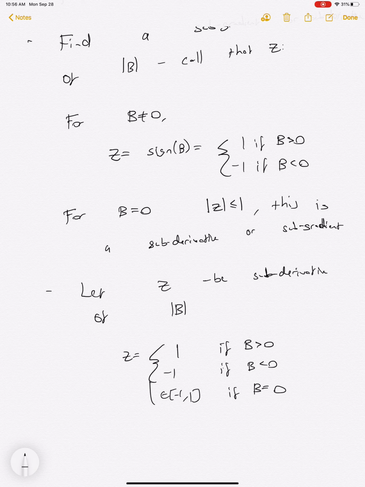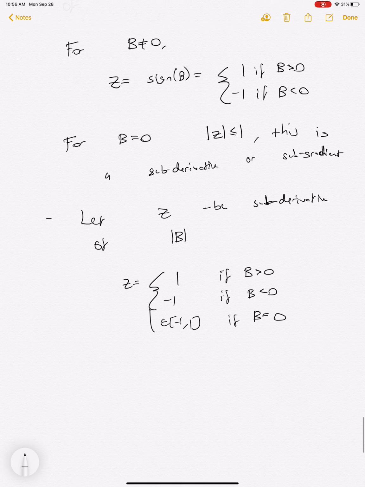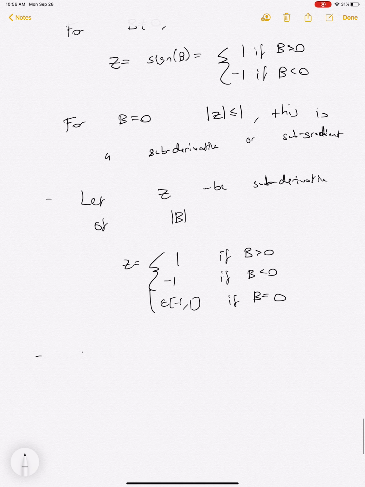It could be any number, so there are many subgradients. The gradient is always unique, but the subgradient need not be unique. All convex functions have at least one z that you can choose, so we're just going to let z denote that.